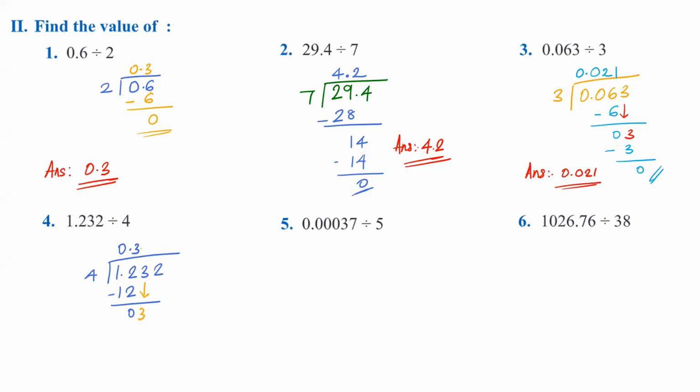No. So I should again put a 0 there. As 3 is not divisible, I should again put a 0. Now carry this 2 here, it will be 32. Is 32 divisible? Yes, it will be 8. So 32, if I take the difference, the answer is 0. So here you can write the answer as 0.308. Now do the fifth question.